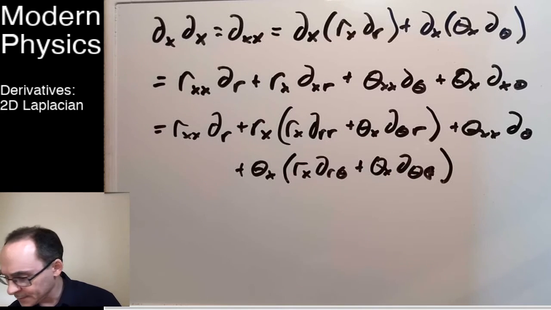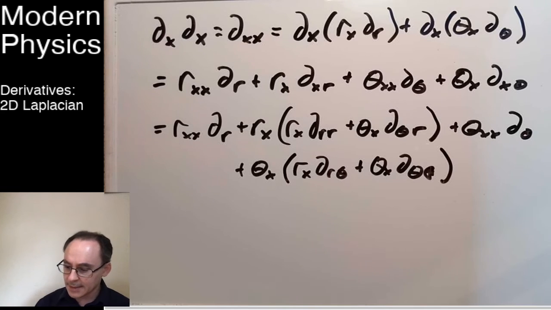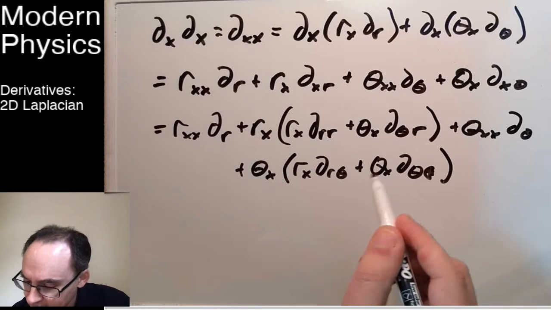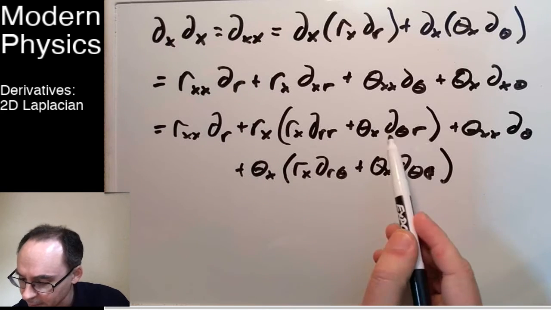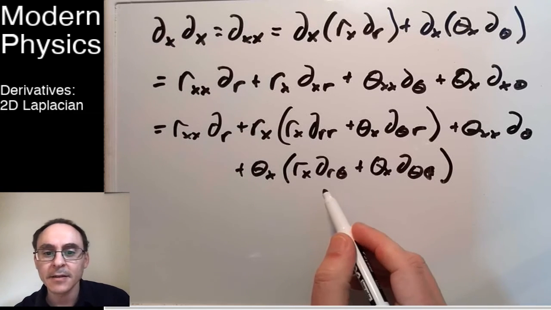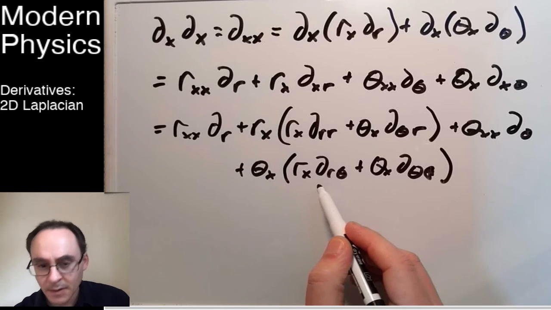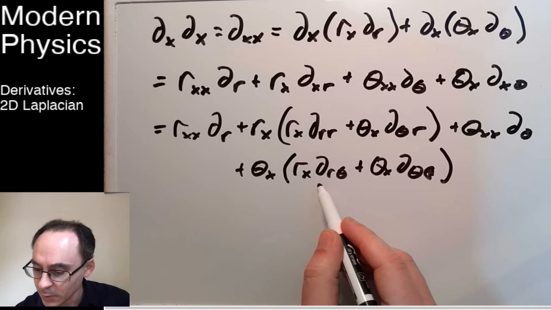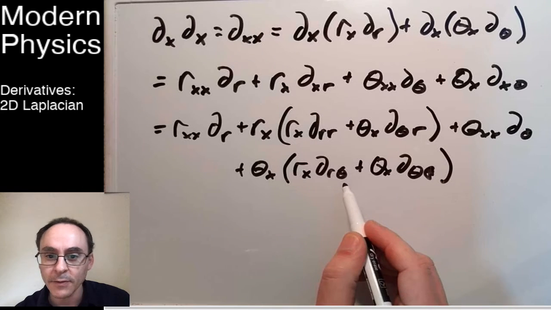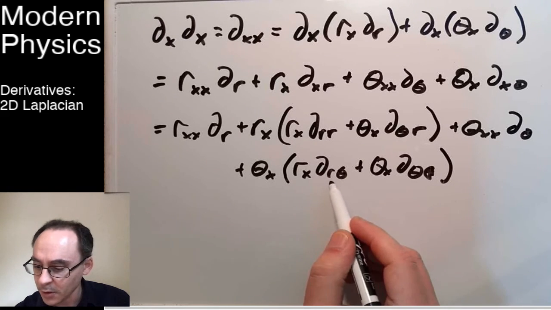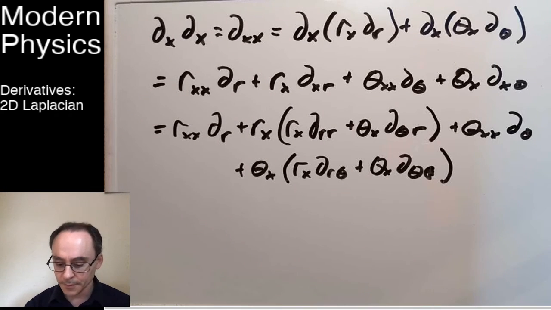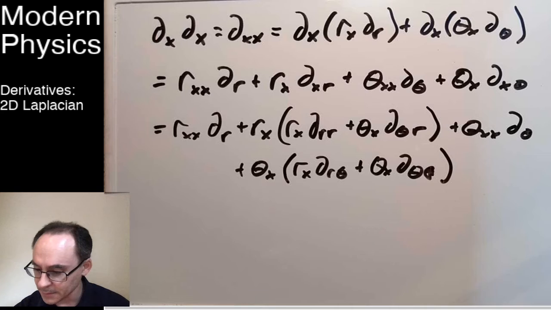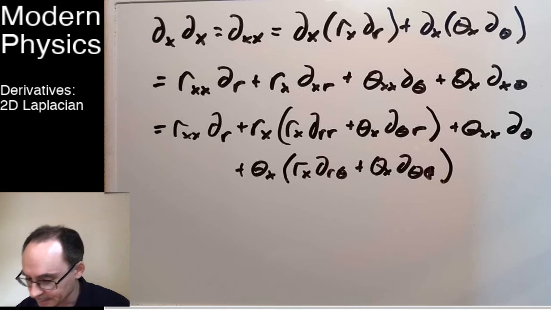So first, let me just combine some terms. There's two terms I can combine. So it looks like 6 terms, really I've got 5. Because for well-behaved functions, and this is generally true in calculus, it shouldn't matter what order I take the derivatives in. So ∂_r ∂_θ should be the same as ∂_θ ∂_r. So I can combine those two terms. In fact, they have the same coefficients. So that's easy.